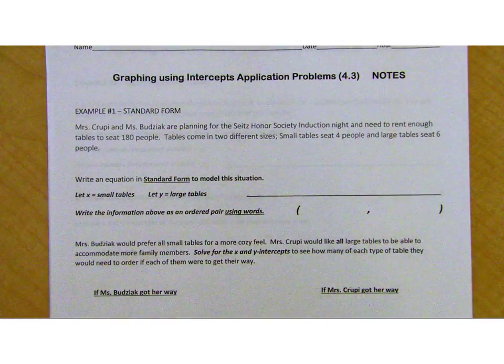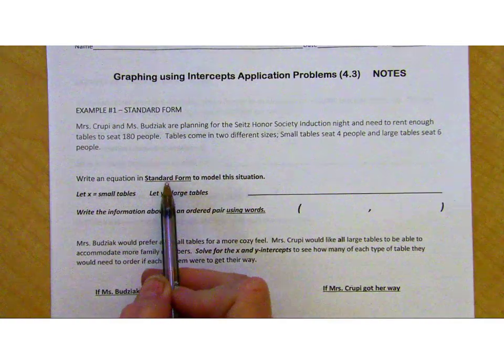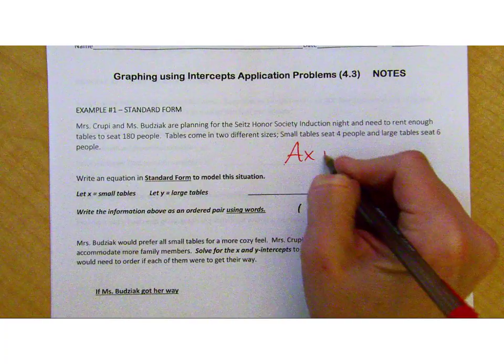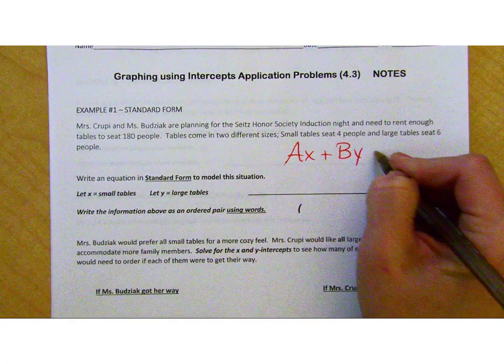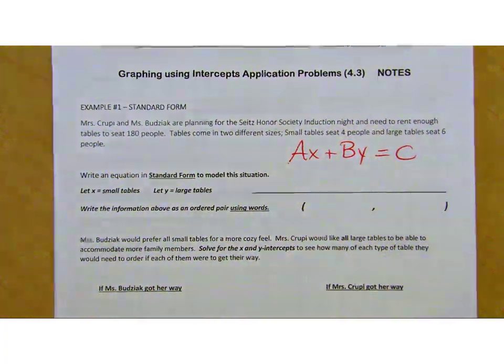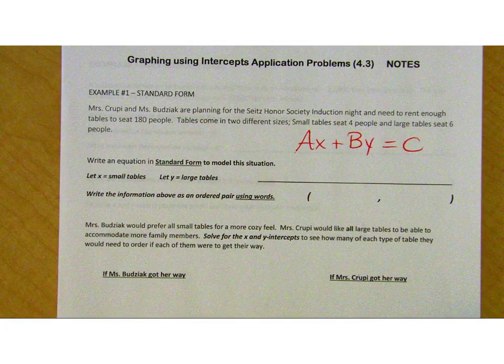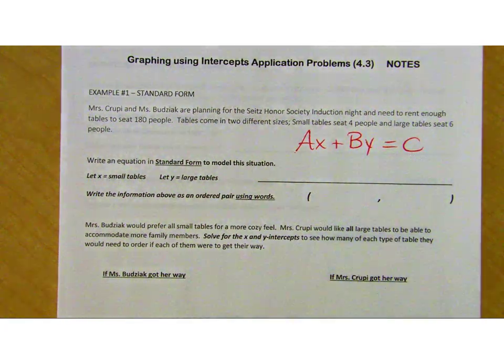So let's take a look at this. First of all, we're talking about standard form, and standard form is Ax + By = C. Agreed? The only difference from today and yesterday is that yesterday I gave you an equation, 3x + 2y = 12, and said find the intercepts.